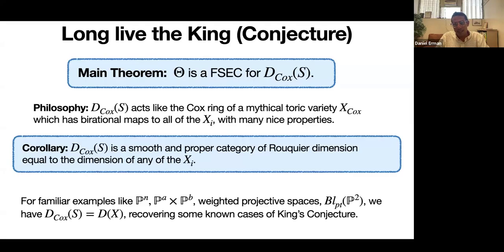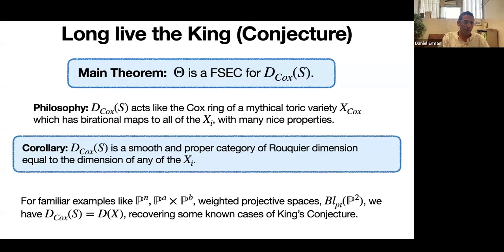So if you imagine that there was some mythical toric variety, X Cox, whose effective cone was the same as its Nef cone, and it had birational maps to each of these X's, and its Cox ring was the same as the Cox ring for each of the X's, then that kind of imagining would suggest the properties that you should expect for the category.